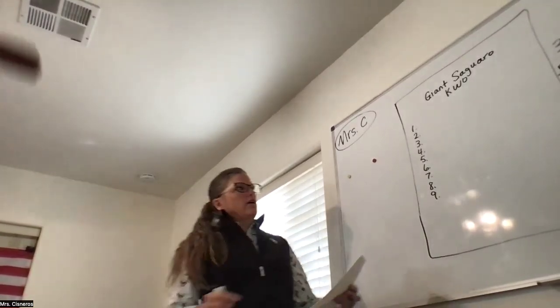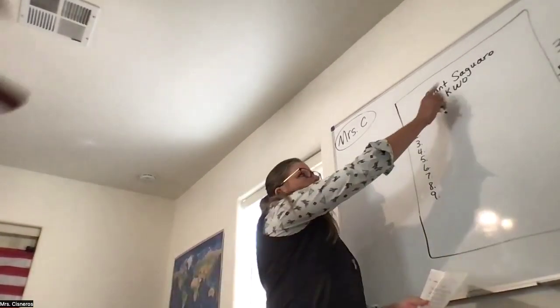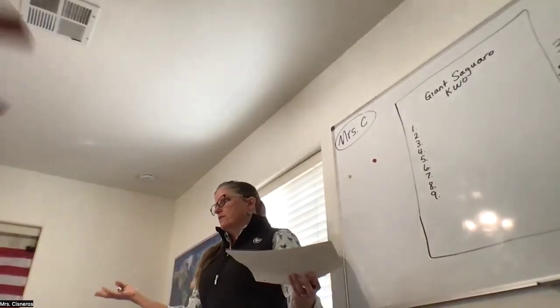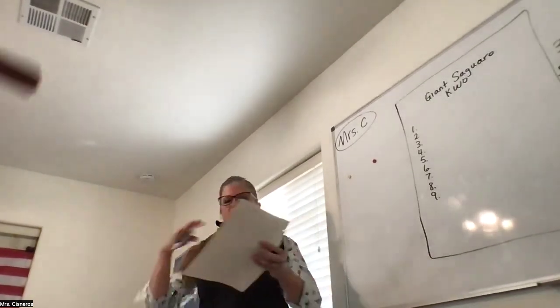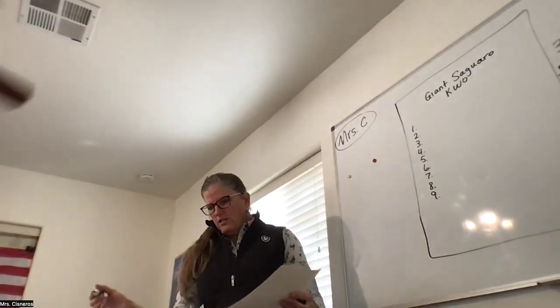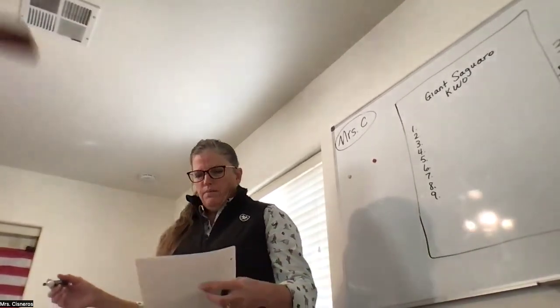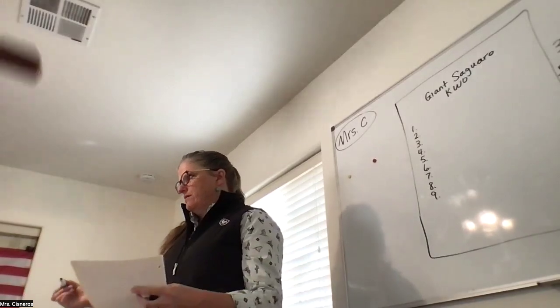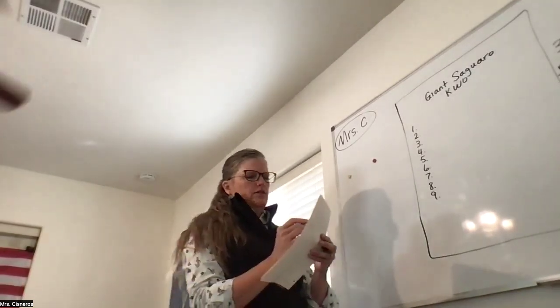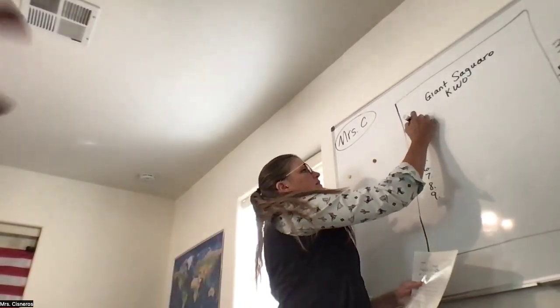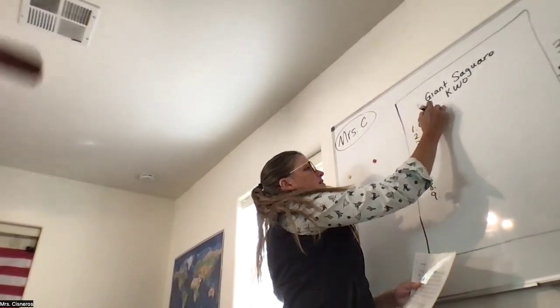All right, we don't have to really include giant saguaro because that's the name of our article. This is telling us about the giant, so we're gonna skip those, but I think I do need the word cactus. That tells us a little bit more about what it is. So circle cactus and let's write cactus here.